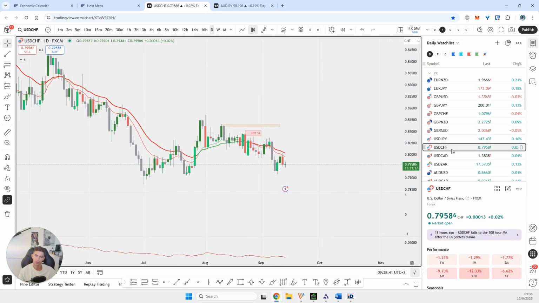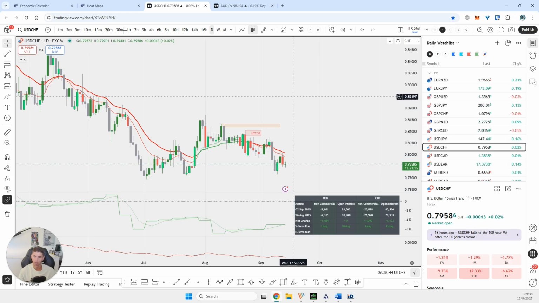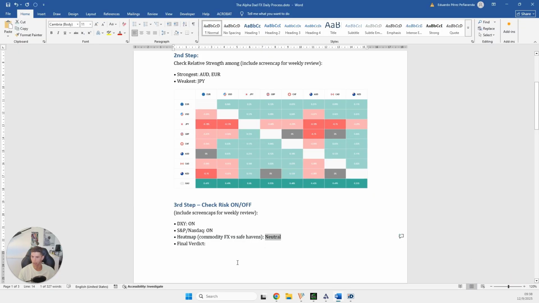So CHF would be the only one pointed out, but JPY and USD. So I'm gonna put here mostly on X for CHF, right? So final verdict, we're gonna put on.